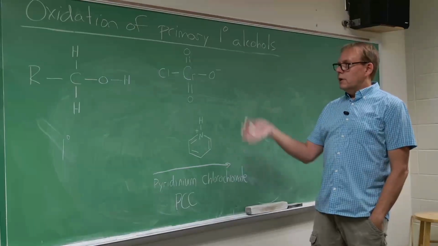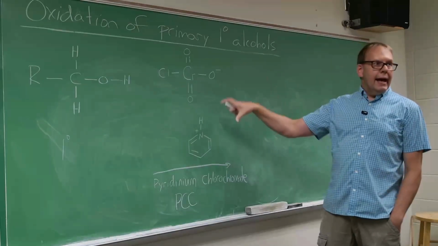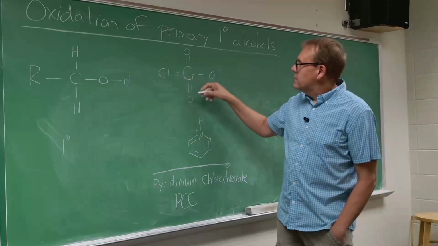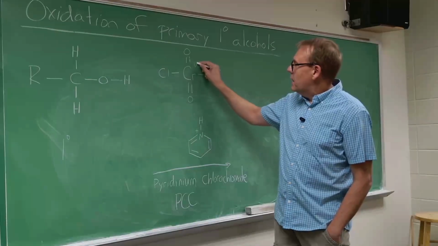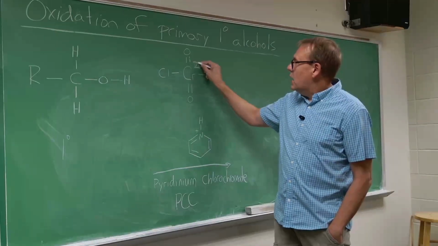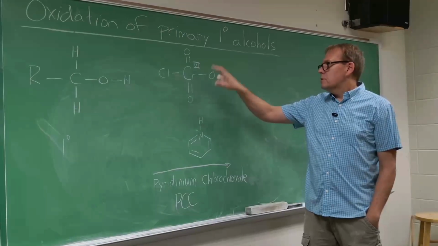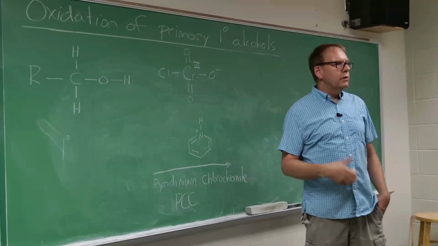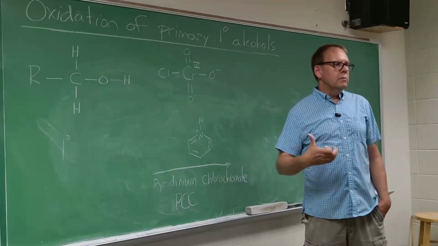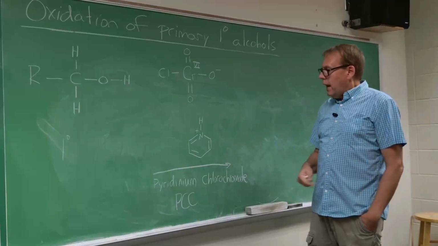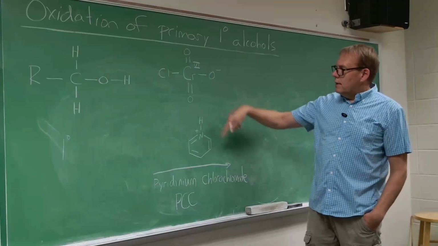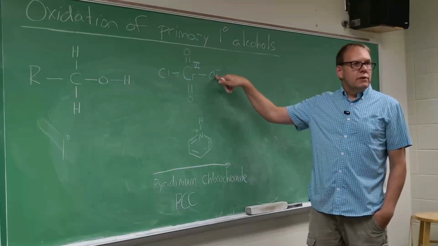And it's a complicated bunch of reagents. There's a lot of atoms here, but the thing that's important is that there's a chromium in the +6 oxidation state, which is a really high oxidation state. That chromium has 6 bonds to electronegative elements, and it really wants more electron density. It's really electron poor. And this is simply the counter ion that balances out the negative charge on this reagent.